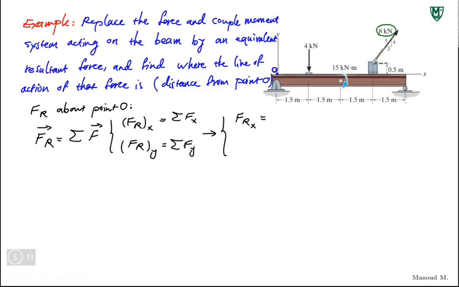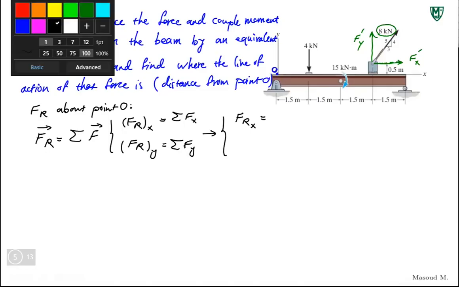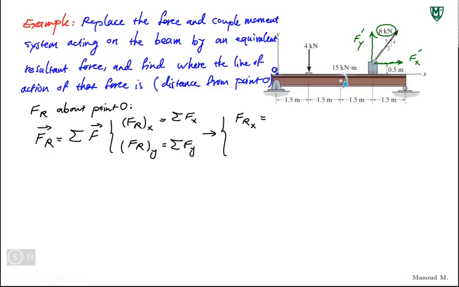So this can be decomposed to Fx and Fy. I'm going to call it F prime so we don't confuse that with what we have from before. To do that, what should I do? I know the value is 8 kilonewtons. I'm going to wait till someone speaks up.